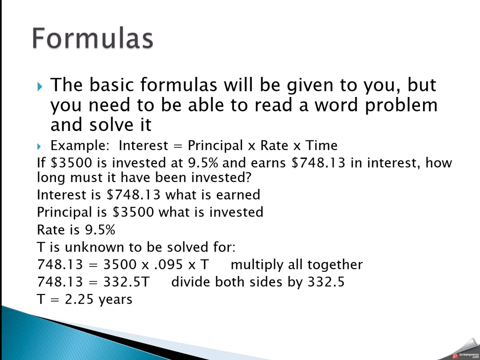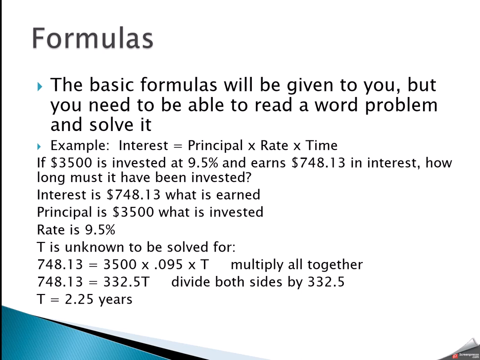We know our formula, so we're going to just fill in those blanks. Interest is $748.13, principal is $3,500, the rate is 9.5% or 0.095. What we don't know is the time. How long must it have been invested? So we leave the t as our missing variable.